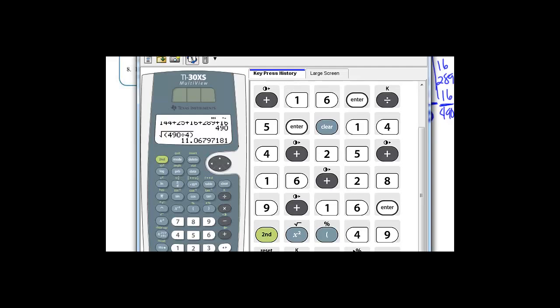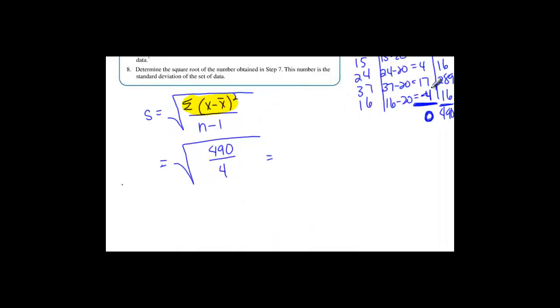We're going to round this to 1 decimal place. You'll be instructed in your homework how many decimal places to use, but since our data set included integer values, let's at least go 1 decimal place out, which would be 11.1. And that's your standard deviation for that data set.